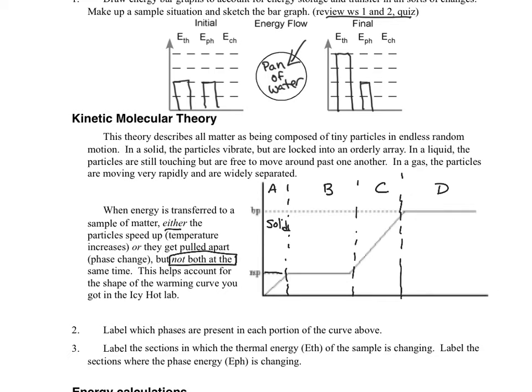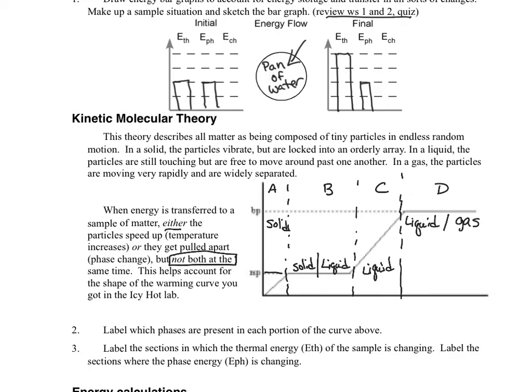In B, we have solid, and then it's going to liquid. In part C, we're just going to have liquid. And in part D, we're going to have liquid turning to gas.